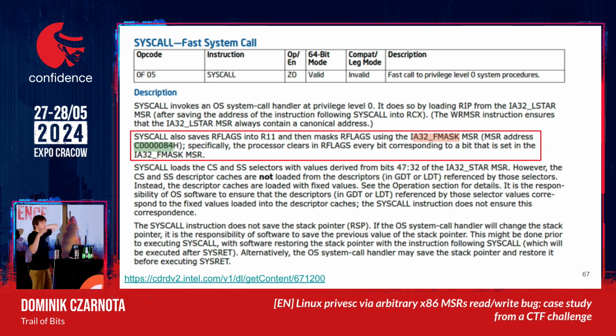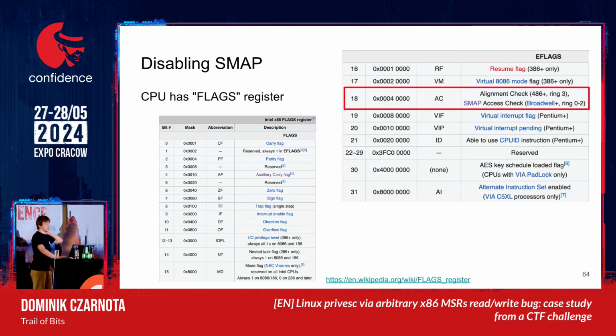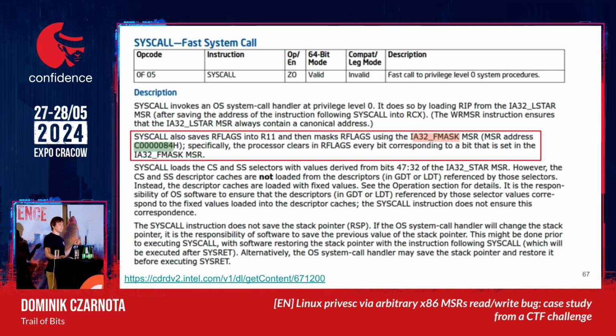If this mask has this bit, then this bit will actually be cleared. If this mask doesn't have this bit, it won't be. But basically, this means that just disabling the AC bit, the alignment check bit in the flags register, won't work. We still need to set the same stuff in this mask MSR.